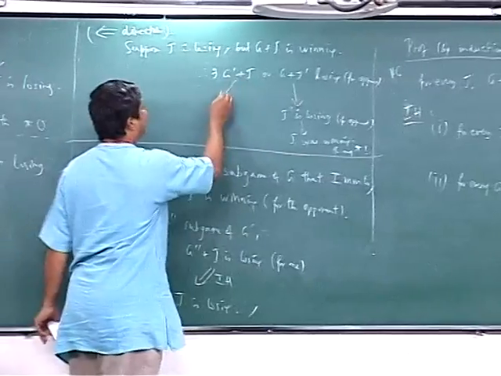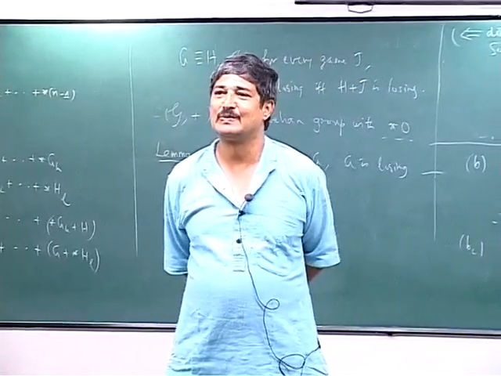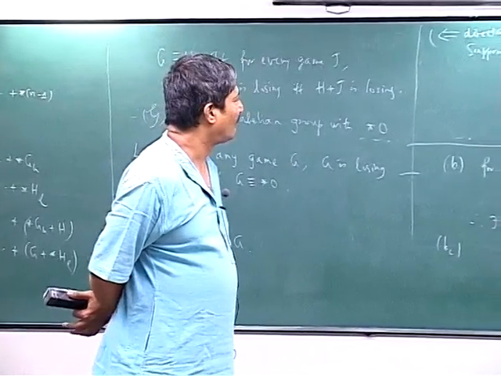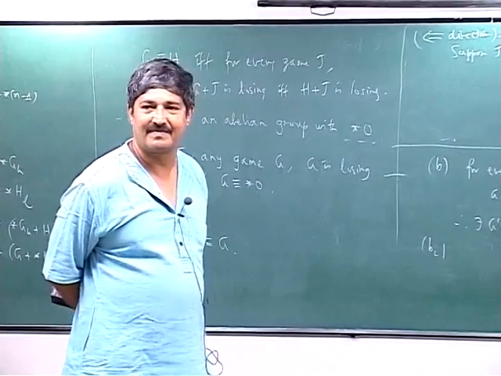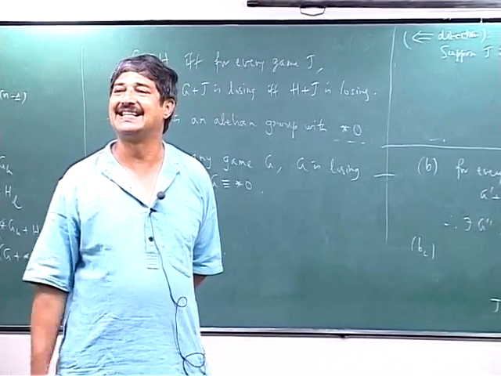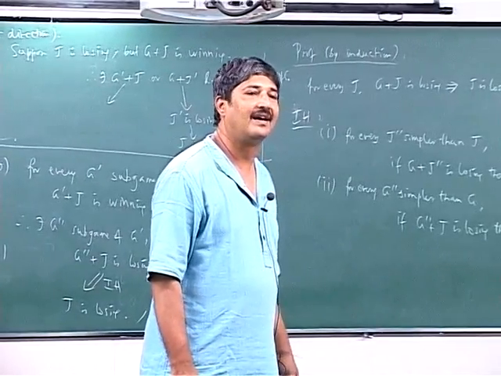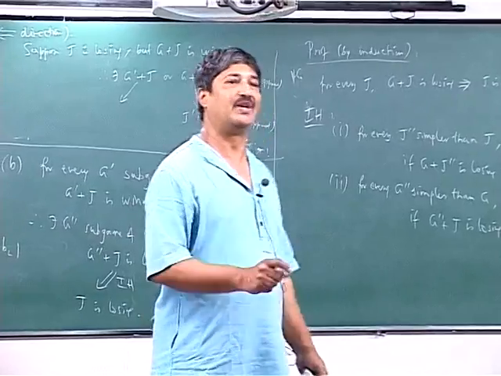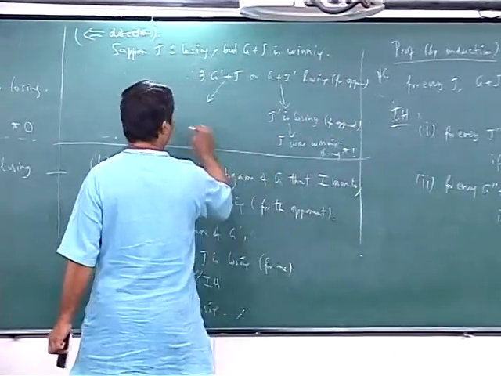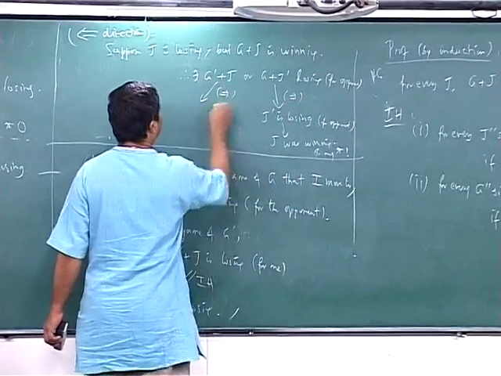What about here? This is interesting. Let me just see. G prime plus J is losing. So G prime must be losing by this direction.